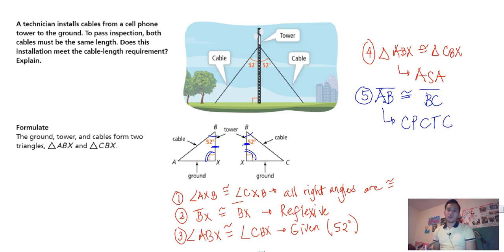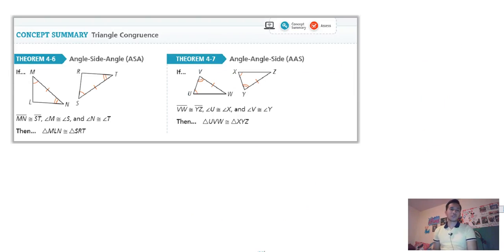All right, so let's proceed with the concept summary of this triangle congruence. In your theorem 4.6, the angle side angle: if triangle MNL and triangle RTS, if MN is congruent to ST, and angle M is congruent to angle S, and angle N is congruent to angle T, then the two triangles are congruent.